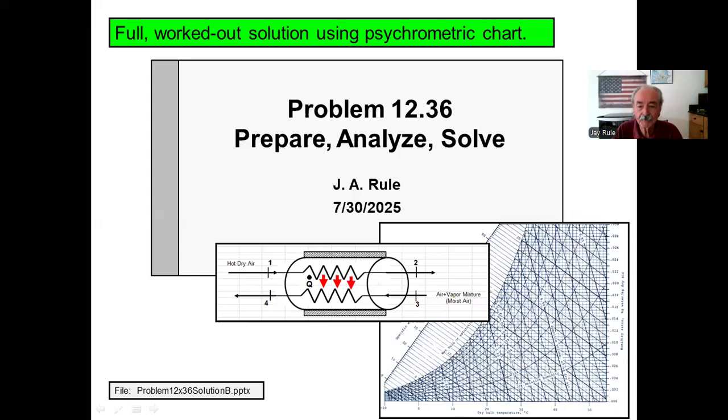So this is problem 1236, except we're going to get properties using this psychrometric chart that I've shown a little screenshot of here. And just let's refresh your memory a little bit. Hopefully you've worked a couple of problems with the psychrometric chart where the x-axis is called dry bulb temperature, or basically the temperature of the mixture, the dry air and vapor mixture.